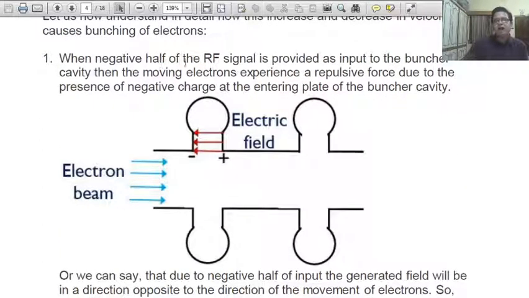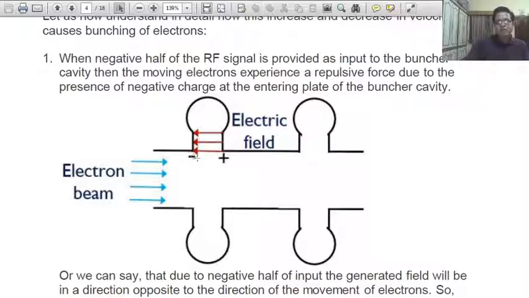When the negative half of the RF signal is provided as the input to the buncher cavity, that means the lower negative half portion is applied, then moving electrons experience a repulsive force due to the presence of negative charge at the entering plate.